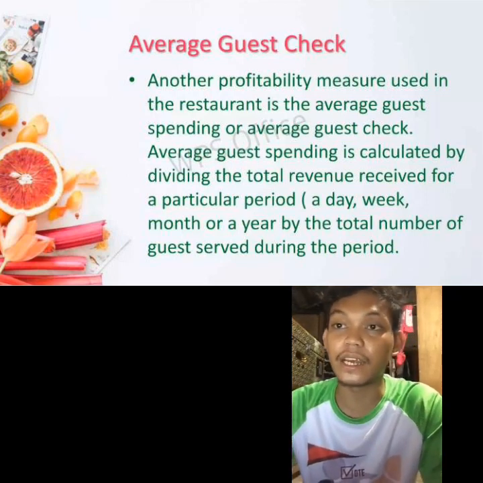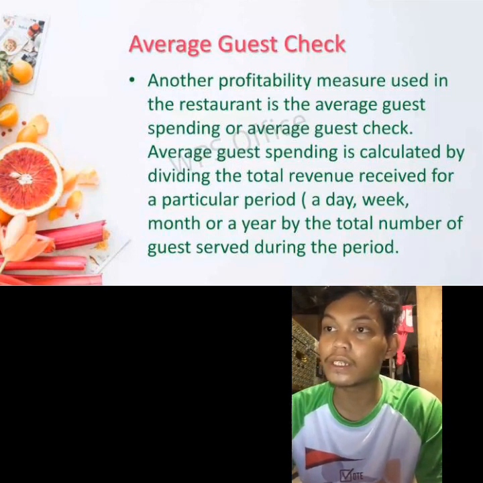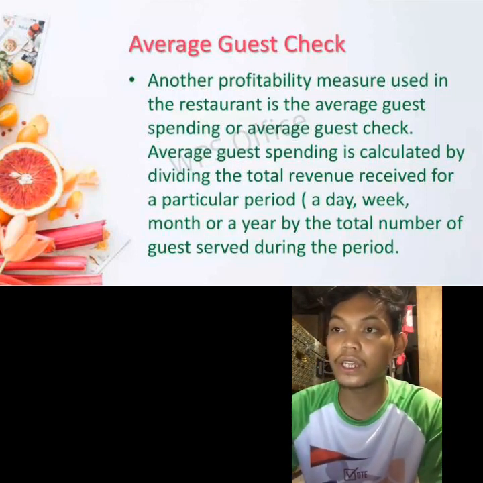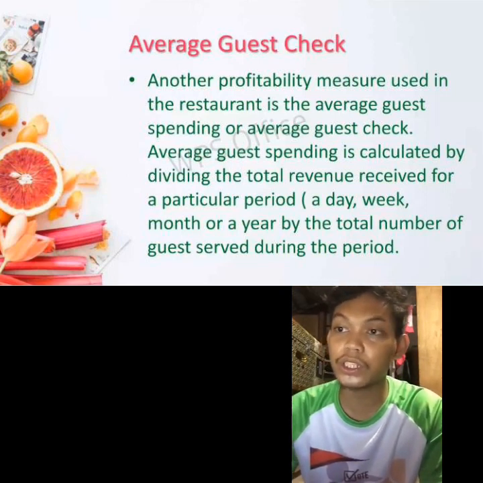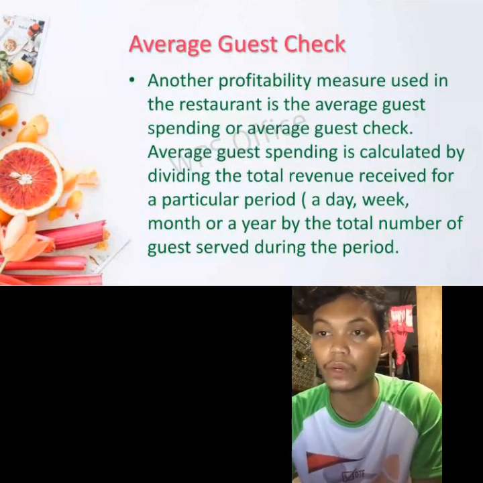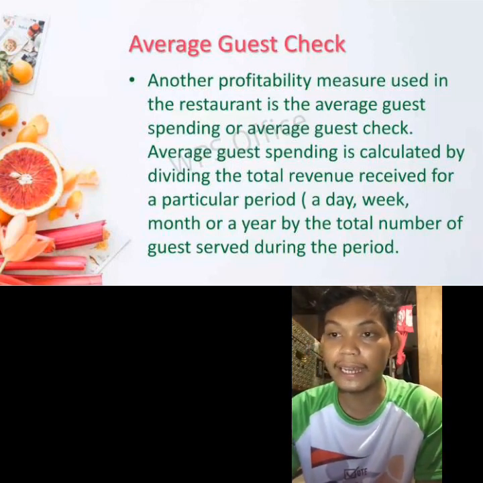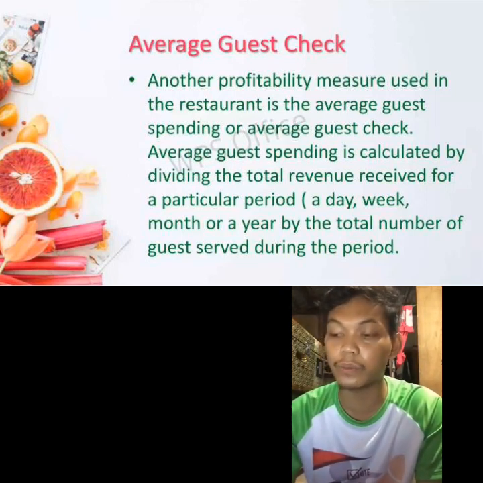The next is average guest check. Another profitability measure used in the restaurant is the average guest check, or average guest spending. Average guest spending is calculated by dividing the total revenue received for a particular period, a day, week, month, or year, by the total number of guests served during that period.